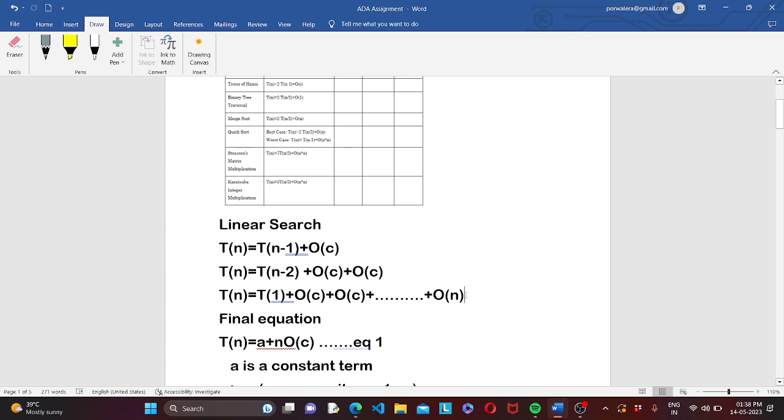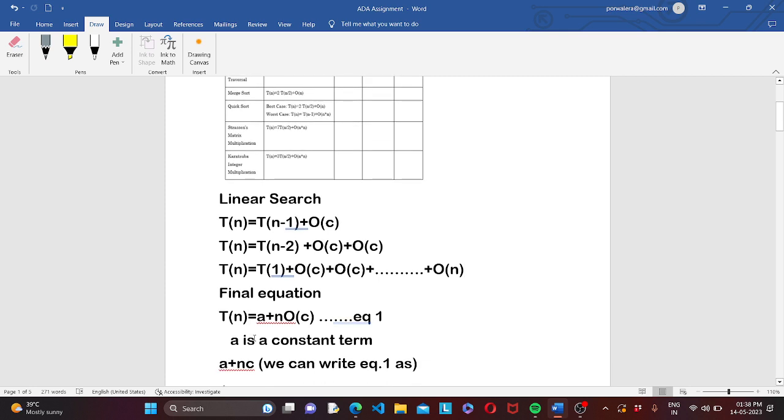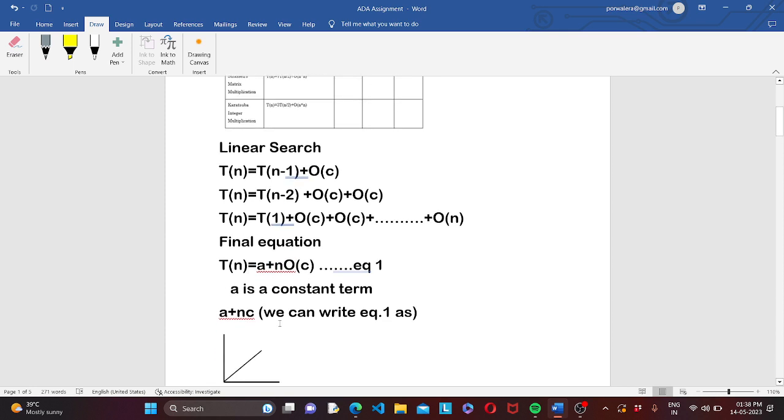So our final equation will be T(n) = a + n·O(c), and O(c) here is a constant. Okay? So a + nc. Now we can simplify this, and using the recurrence relation we get the time complexity of linear search as O(n).